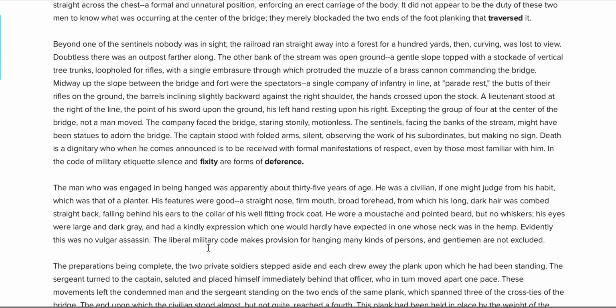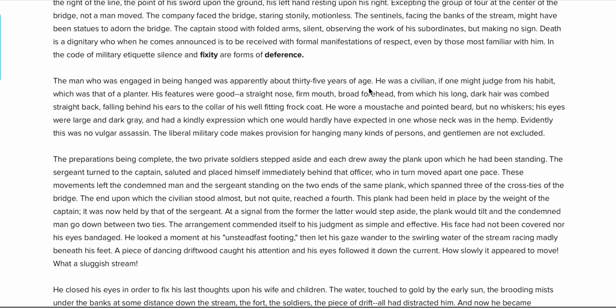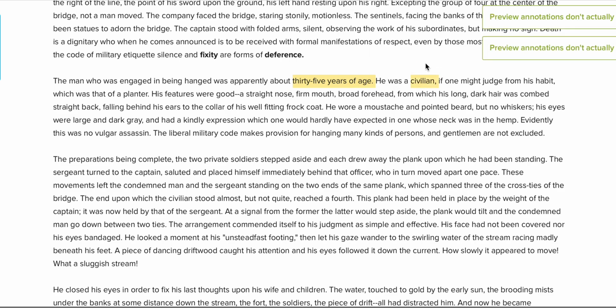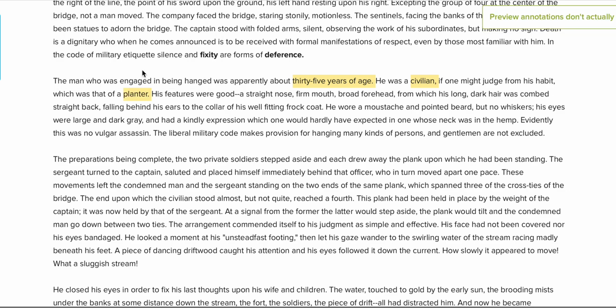And then there is further explanation of the man, who was 35 years old. He was a civilian, so he was not a military person. He was much of a planter. I am highlighting all the important words that will help you understand the story.